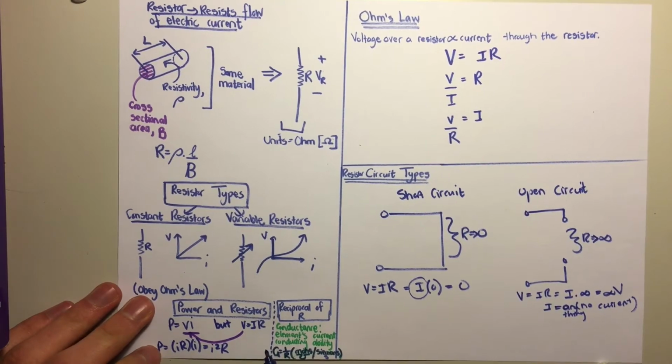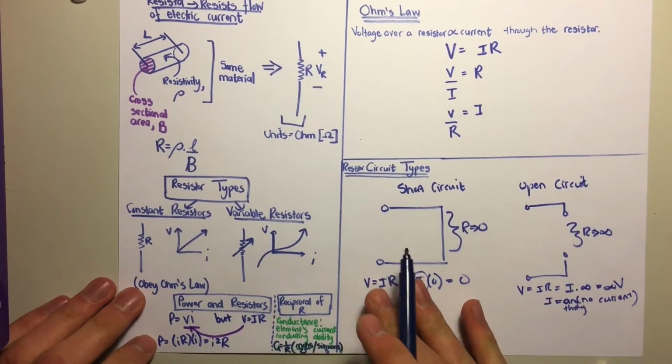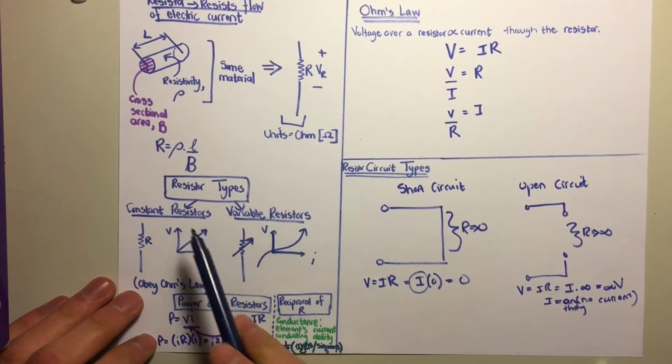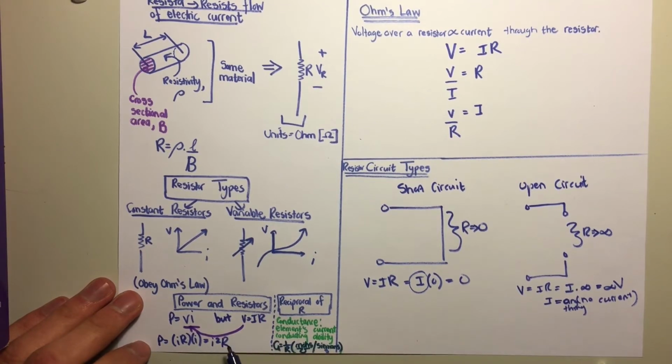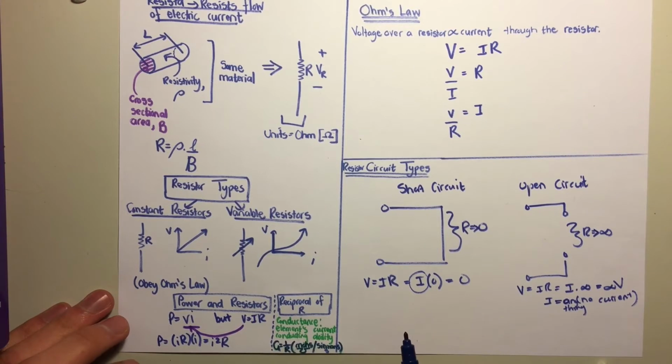So in a resistor obeying Ohm's law, of course, so a constant resistor, the power would be equal to I squared R. But you can also write this in a different way.